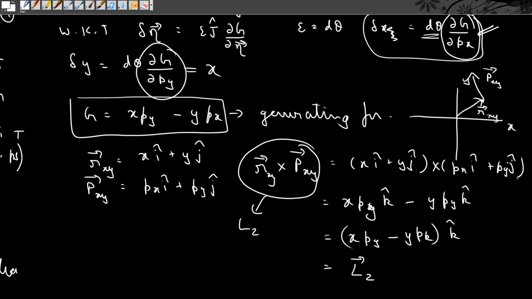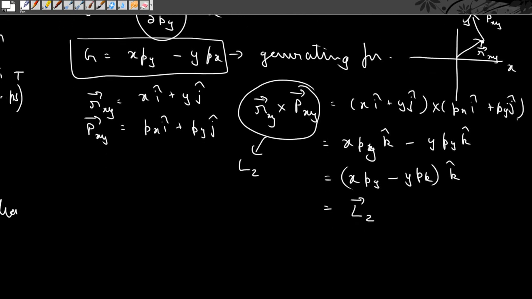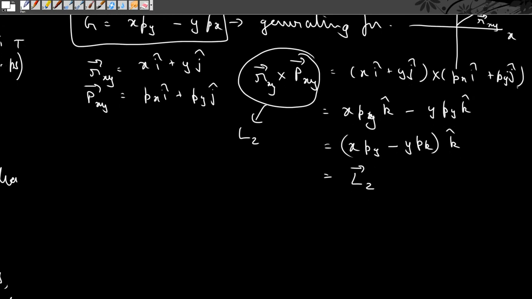So r cross p is nothing but the angular momentum, and when you project the position vector and the momentum along the xy plane, it is same as projecting the total angular momentum along the z-axis. You can convince yourself about this fact from elementary mechanics knowledge.